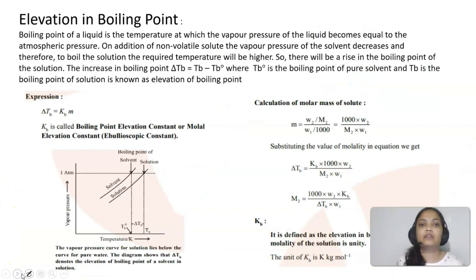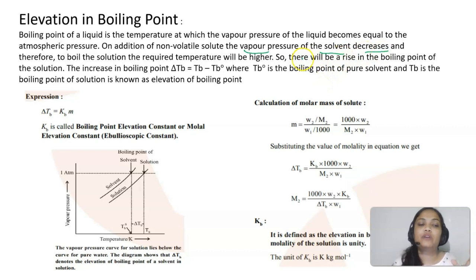Expressions are important. Now again we have boiling elevation and boiling point. So students, you know, boiling point is the temperature at which the vapor pressure of liquid becomes equal to atmospheric pressure. So try to relate it with lowering of vapor pressure. When we are adding non-volatile solute, the vapor pressure of the solvent decreases.